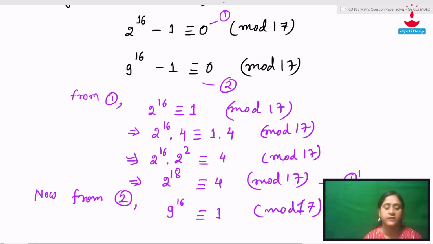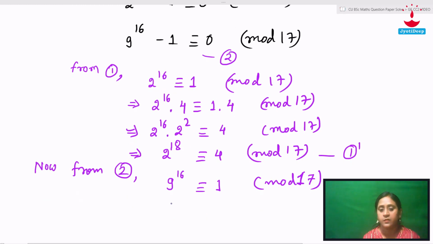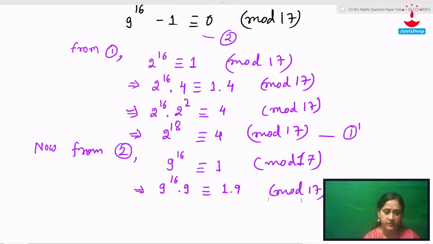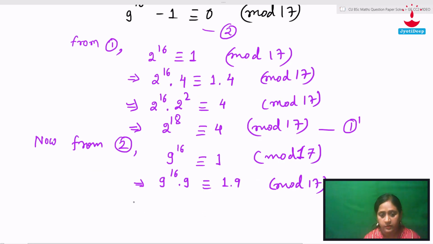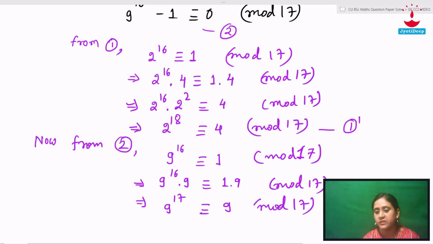Okay, so 9 to the power 16 into 9 is congruent to 1 into 9 under mod 17. So this implies 9 to the power 17 is congruent to 9 under mod 17.